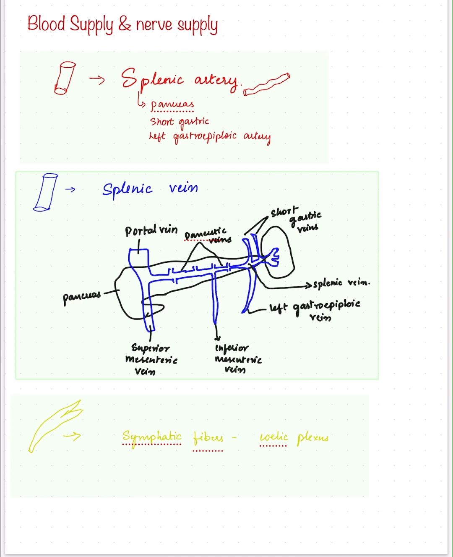Spleen can move, so it allows the movement of spleen, and it gives branches like pancreatic branch, short gastric vessels, left gastroepiploic artery. These two will supply the stomach. Pancreatic branches will obviously supply the pancreas. So which other artery in the body is tortuous? Comment down below if you know it.